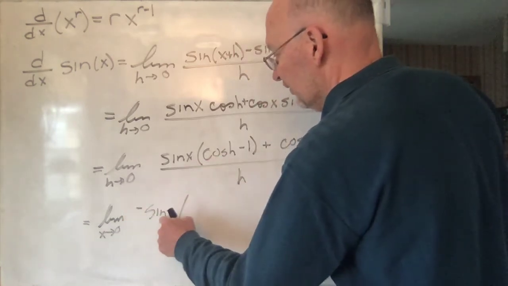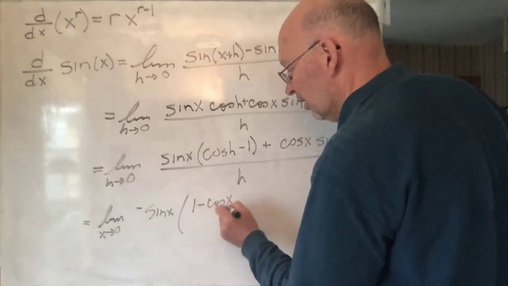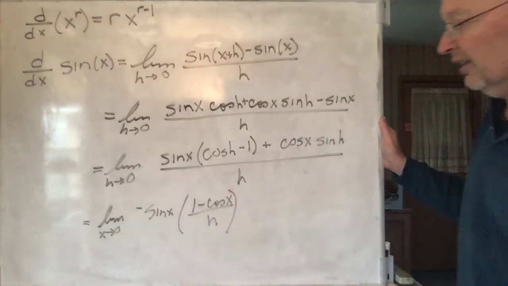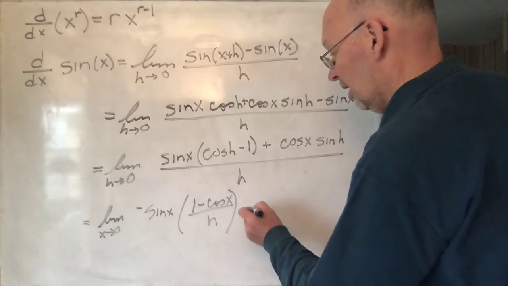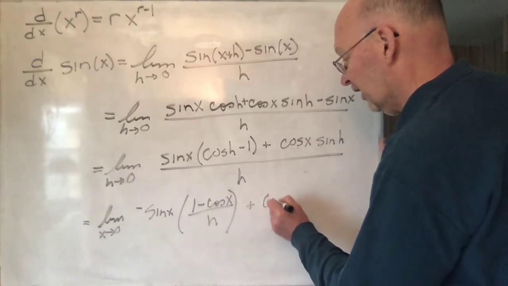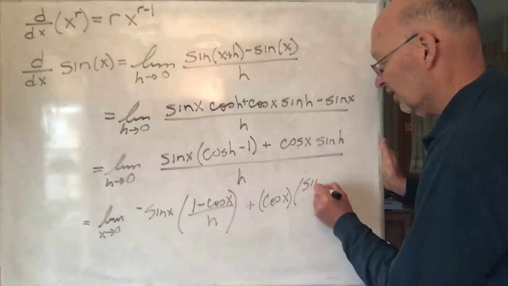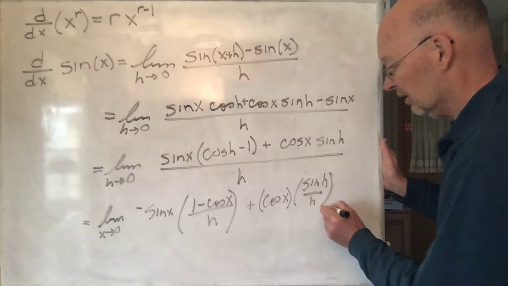It is negative sine of x times 1 minus cosine of h, all divided by h. That's that one. And then here, I'm going to write this as plus cosine of x times sine of h over h. Right there.